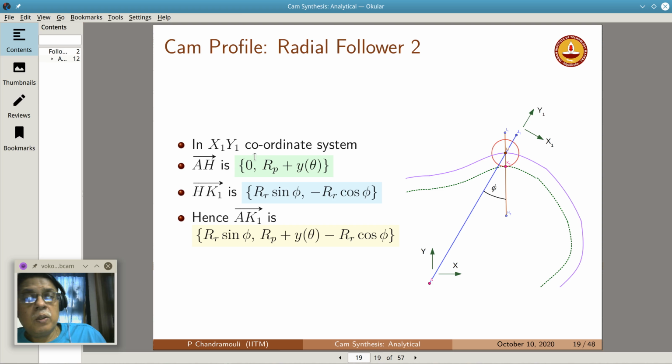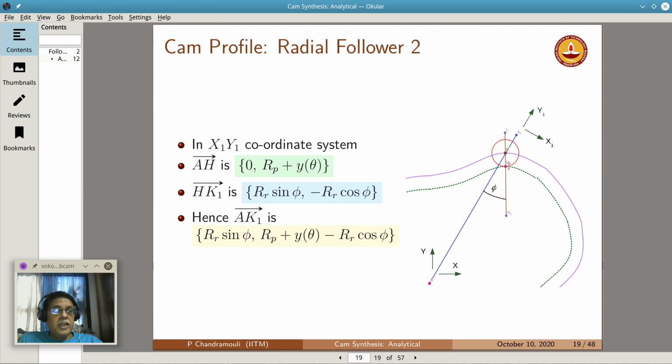So if I look at the coordinate in the X1, Y1 coordinate system, H has already been established. It is only along the Y1 axis, which is RP plus Y of theta. The X coordinate is 0, so this was done already. So the coordinate of H is basically 0, RP plus Y of theta.